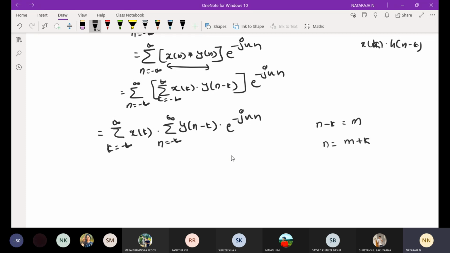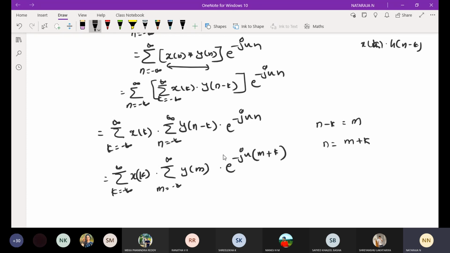So summation k equals minus infinity to infinity x of k into summation m equals minus infinity to infinity y of m into e power minus j omega into m plus k.